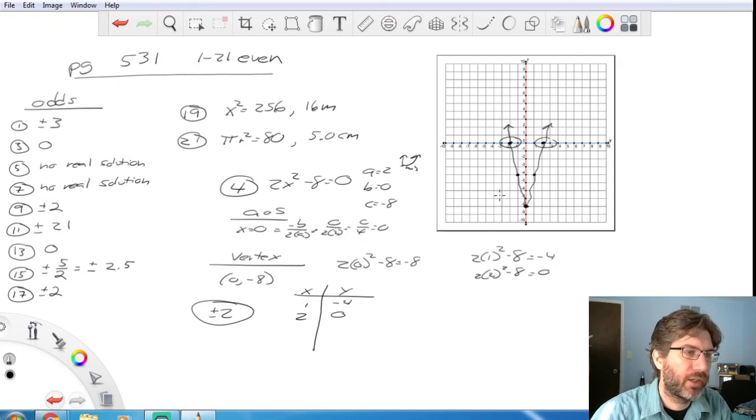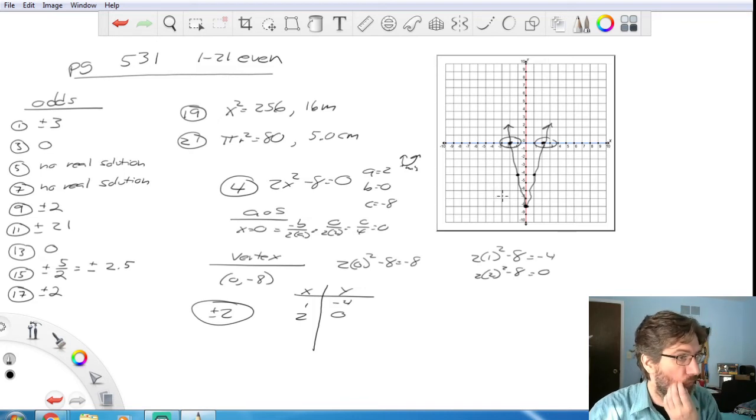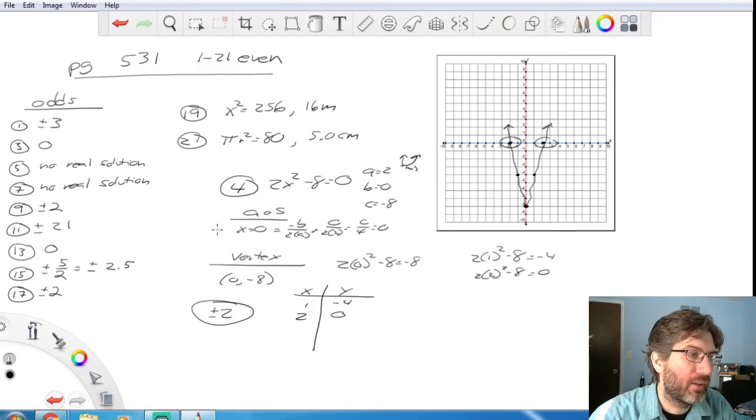But again, it gives you some practice on graphing things, gets you a little used to it. You should be recognizing that when you don't have your B value, your axis is always going to be your y-axis. Your vertex will always be your y-intercept when you don't have a B value. So your B value just moves things left and right on the graph.